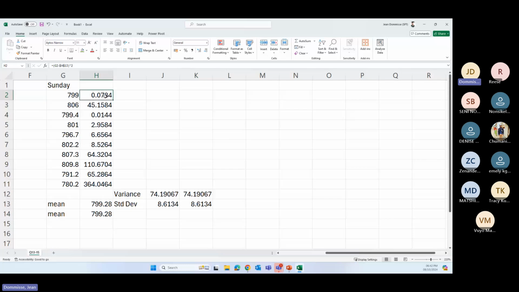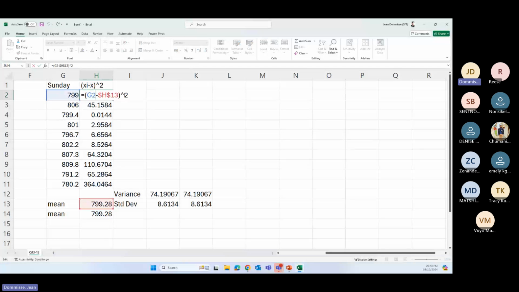Okay, so what I did to the second column was basically the xi minus x-bar to the power of 2. That is the xi value minus the mean to the power of 2.